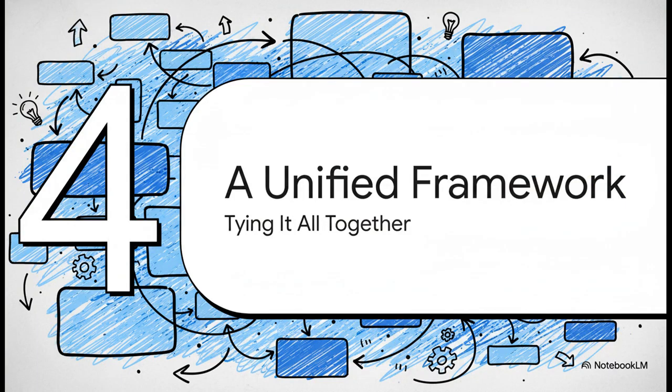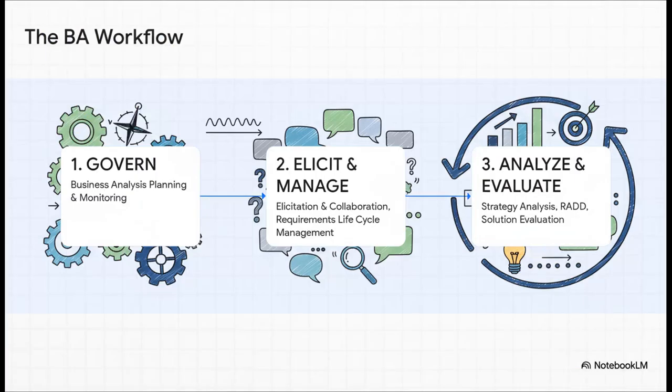Now, it's really easy to look at all these as separate little boxes, but the real magic happens when you realize they're all part of one interconnected system for delivering change. Here's kind of how it flows. The planning work governs everything else. It sets the rules of the game. Then you're in a constant cycle of gathering and managing information.